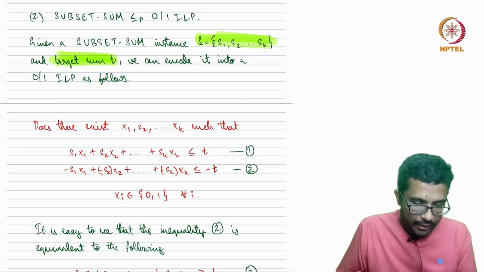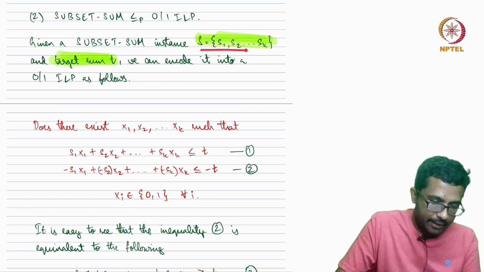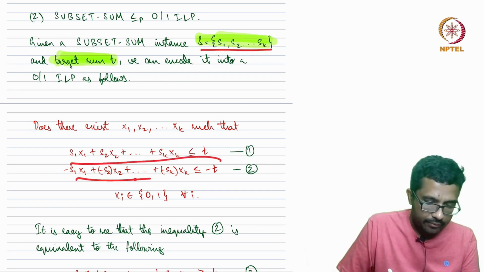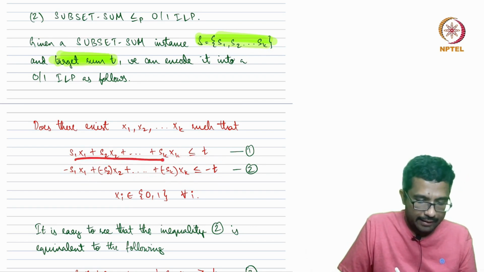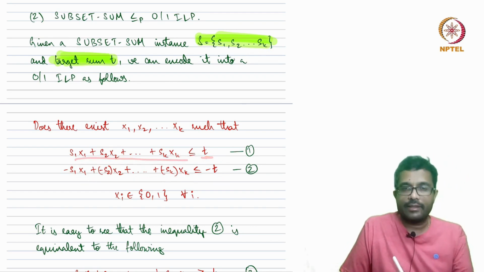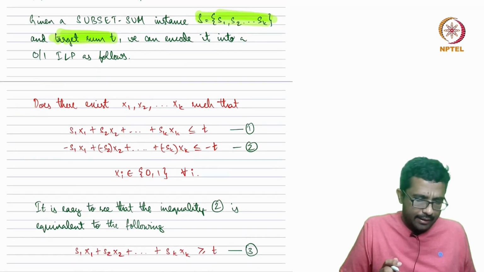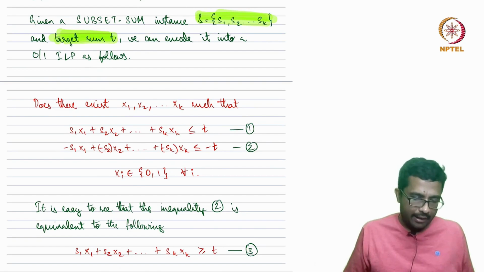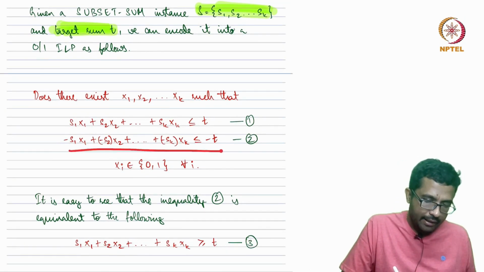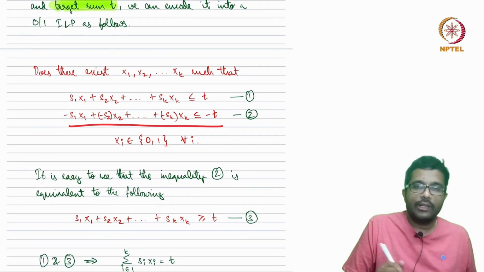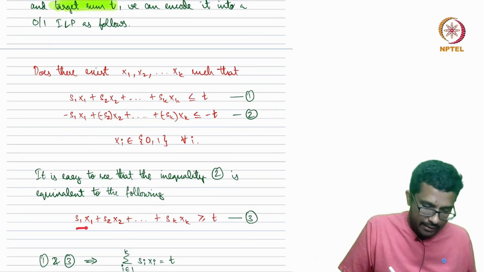And it seems very simple, right? So given the subset sum instance, we can easily write this down. Both the set elements and the target sum feature here as well as here. This is equivalent to the subset sum instance. Why is that? Because if you multiply inequality 2 by minus 1, we get this.